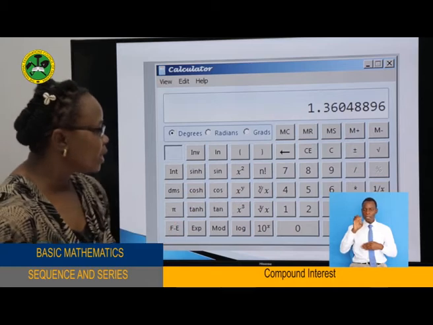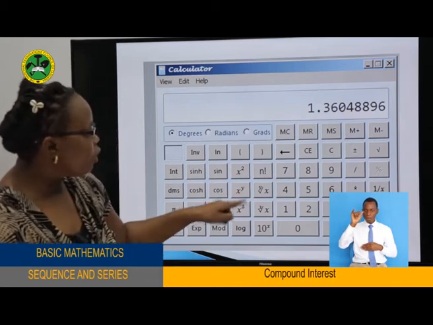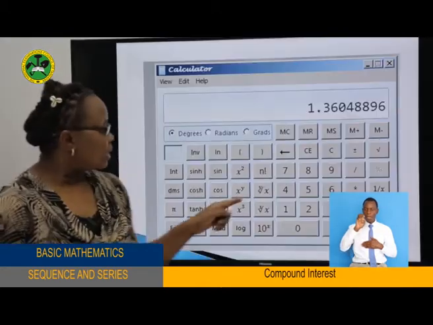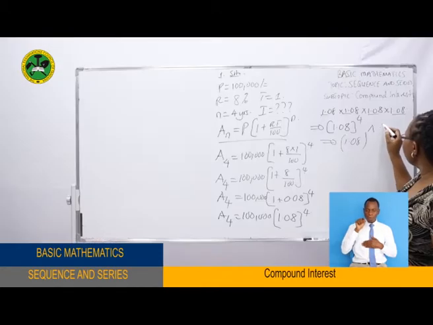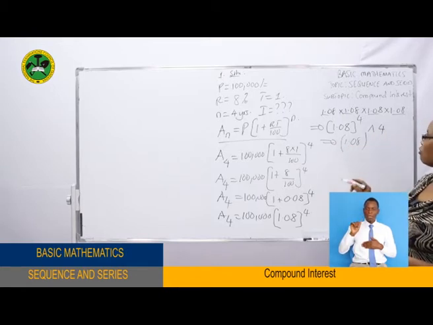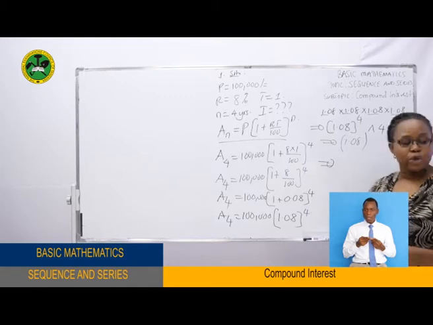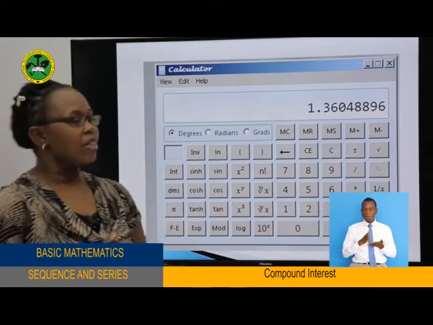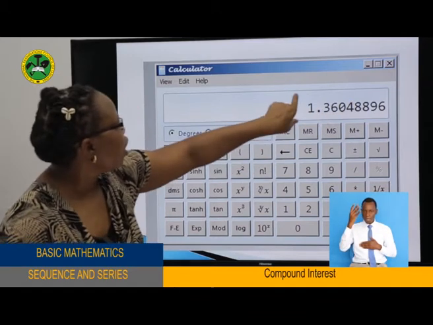When you click it, it takes you to the symbol of power. Then you write 4. So this means 1.08 power 4. Then you click the equal sign, and the result is seen on top.